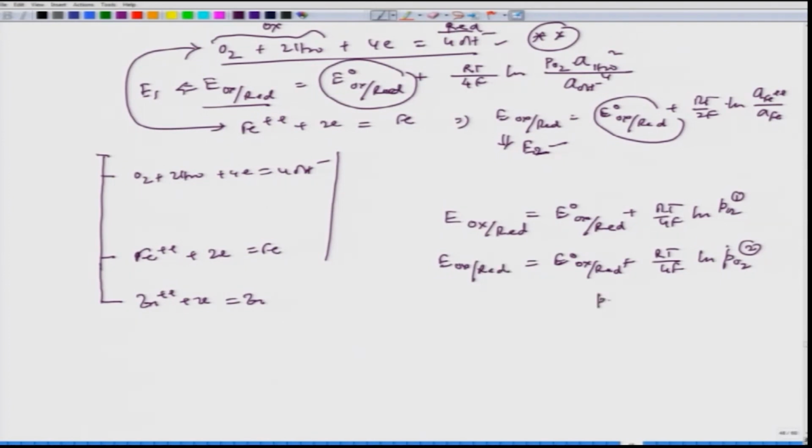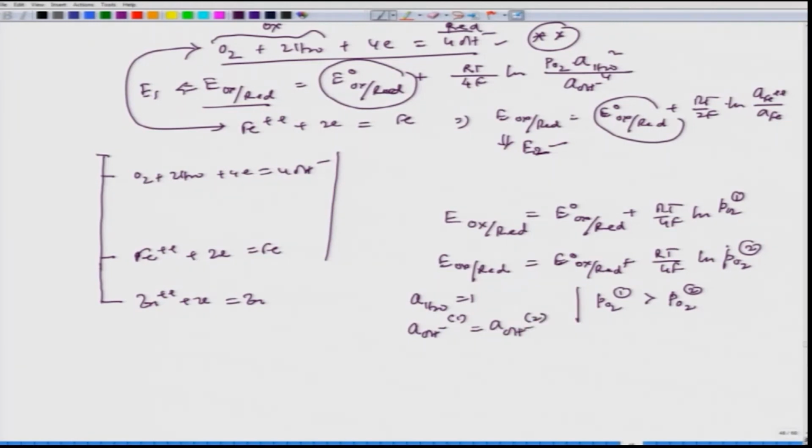Now, if I consider PO2 in case 1 greater than PO2 in case 2, what could be the situation? Here the assumptions are that the activity of H2O is 1 and the activity of OH minus in case 1 equals the activity of OH minus in case 2.